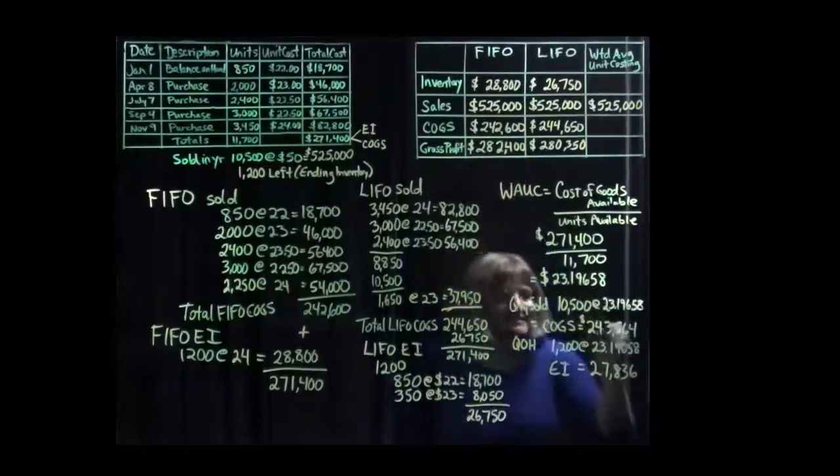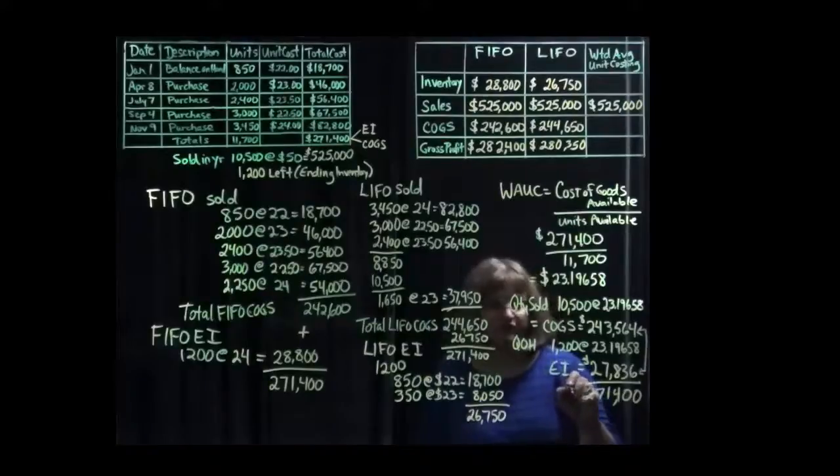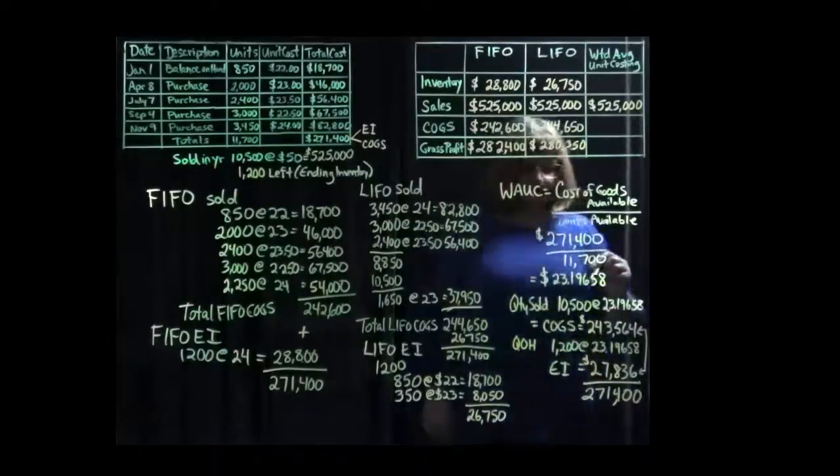And now if we add together this cost of goods sold together with this ending inventory, we do end up with our cost of goods available, the 271,400, that we use as our double check to make sure that these are probably calculated correctly.